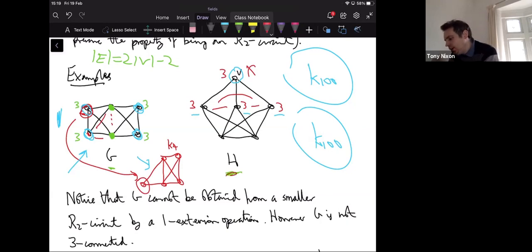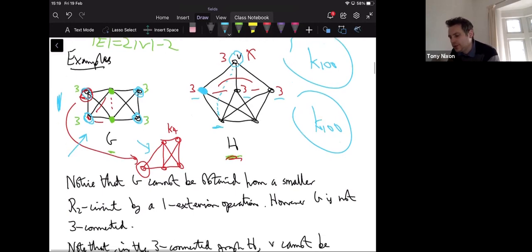But in H, it is true that there are some vertices that can be reduced. So for example, if I take this vertex on the left and I reduce it and add that edge, then you can check for yourself that will be a smaller circuit. So reducing the blue vertex and adding the dotted edge from V down to this high degree vertex will be okay.